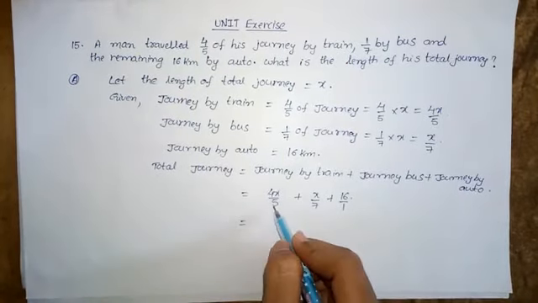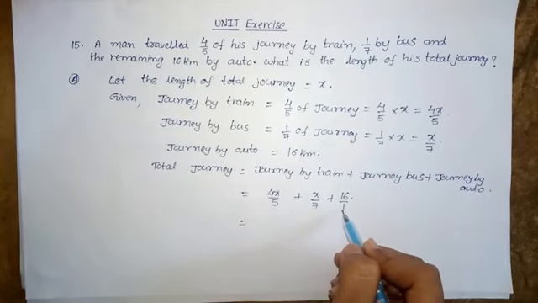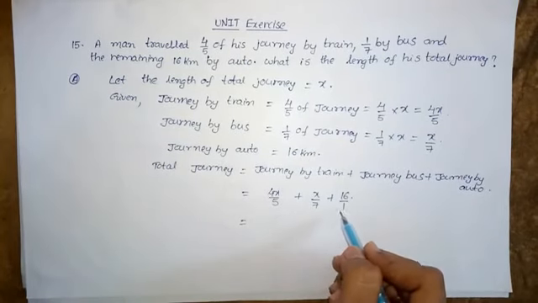So observe all denominators: 5, 7 and 1. For 5, 7 and 1 the LCM is 35.